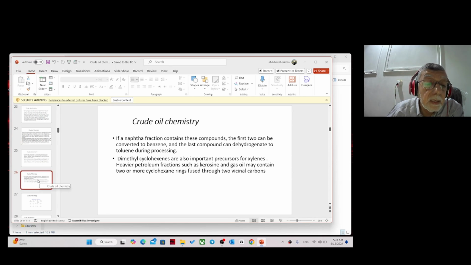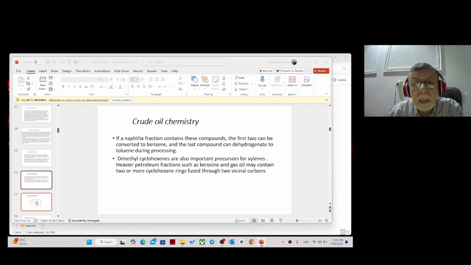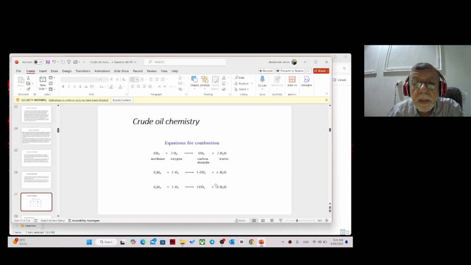And now we come to this equation, which says that all hydrocarbons or all alkanes undergo combustion reactions. Combustion reactions mean the reaction of hydrocarbon combined with oxygen.